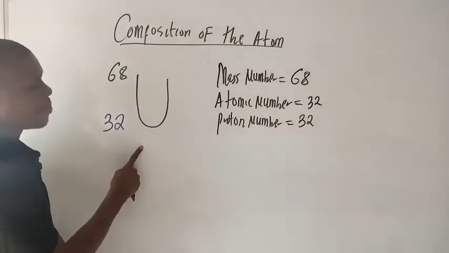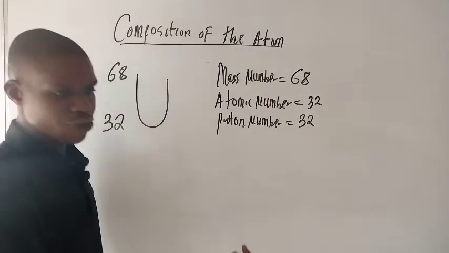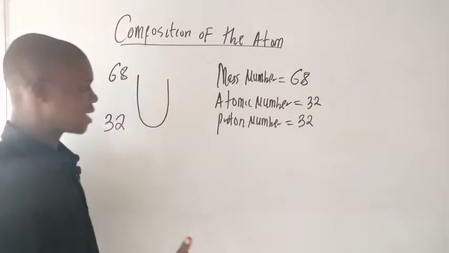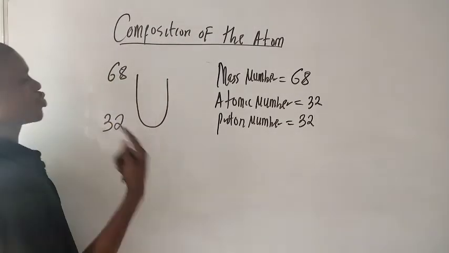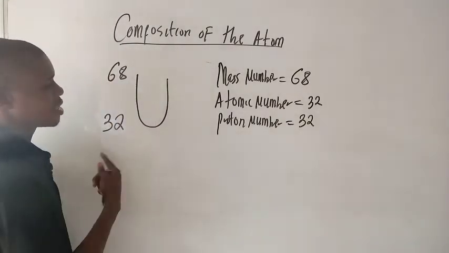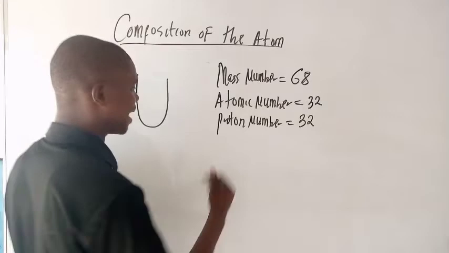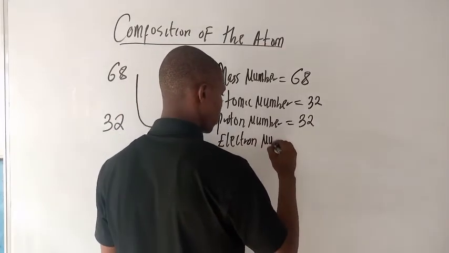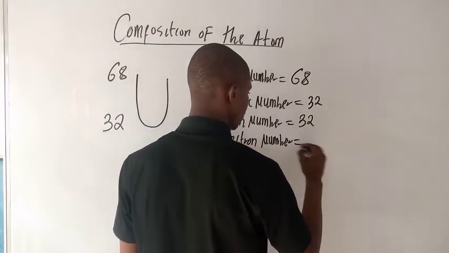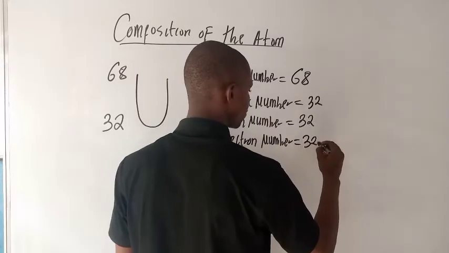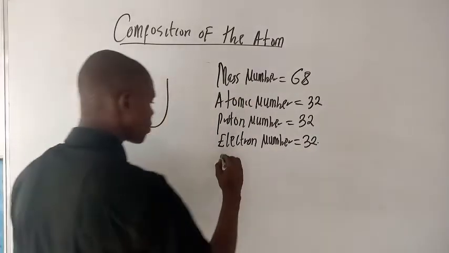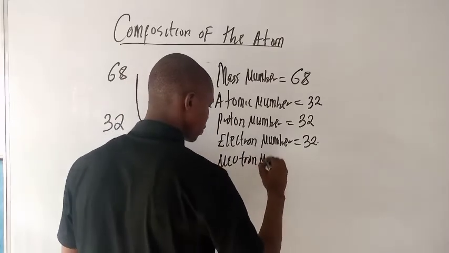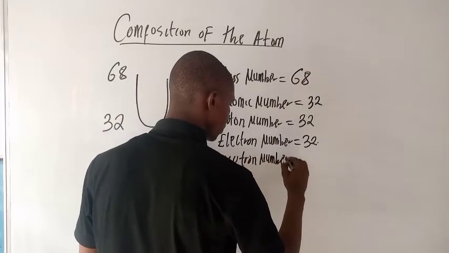Now, what would be my electron number? I told you that in a neutral atom, the proton number is the same thing as the electron number. This guy is a neutral atom, not one that involves charges. So my electron number is equal to 32 because it is neutral. What would I do with my neutron number?